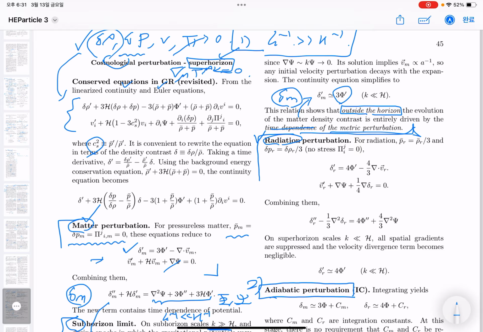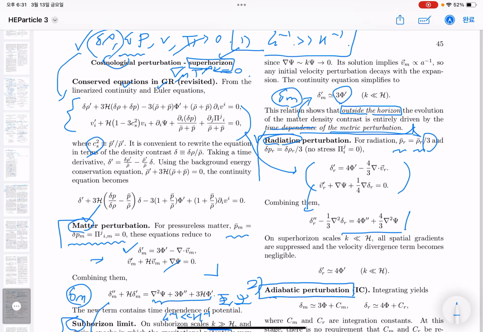Similarly, we can obtain the equation of motion for the radiation perturbation, because radiation has a relation between the pressure and the density with the factor of 1/3. So the continuity equation and Euler equation reduce with some specific factors. And by combining them, we can obtain the equation for the density perturbation for radiation.